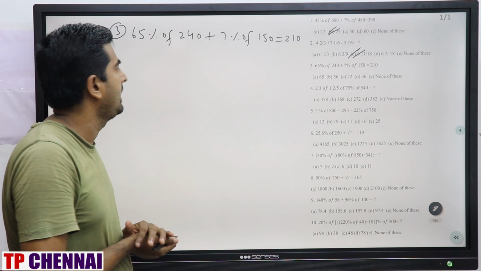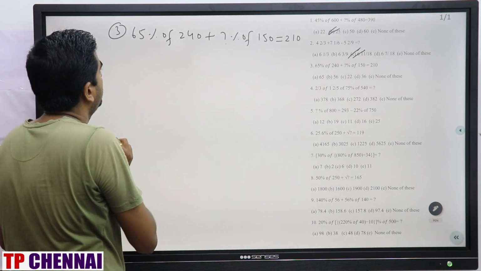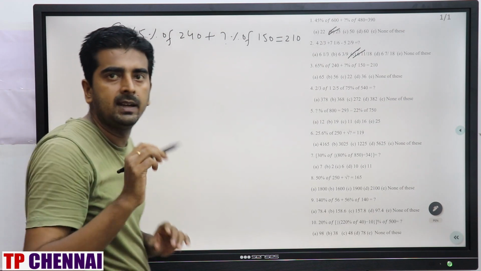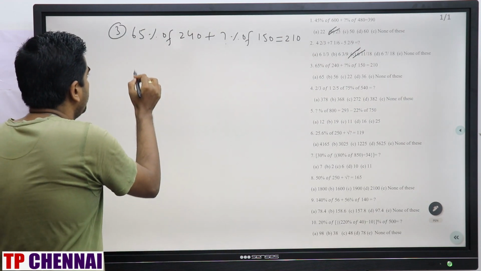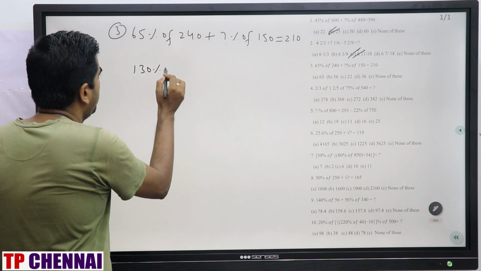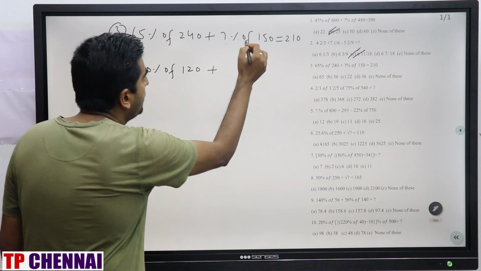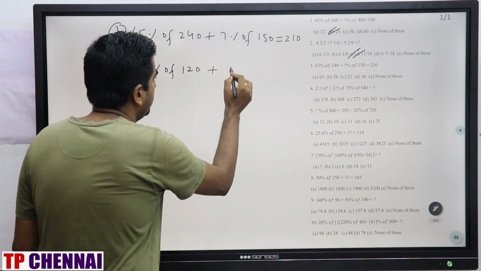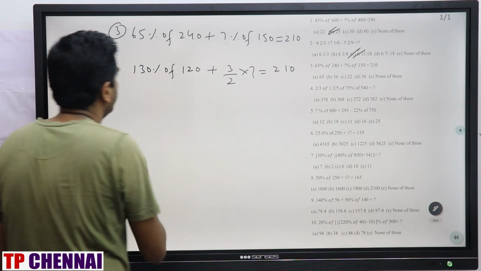So it's very difficult to find out this number. So what we will do? We will multiply 65 by 2 and I will divide 240 by 2. So this will become 130% of 120 plus 150% is nothing but 3 by 2 of question mark is equal to 210.